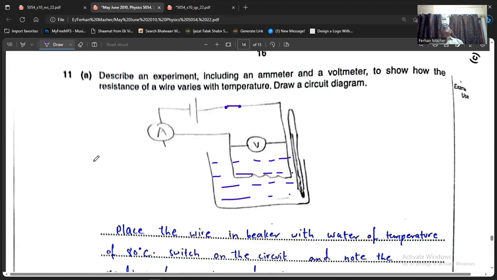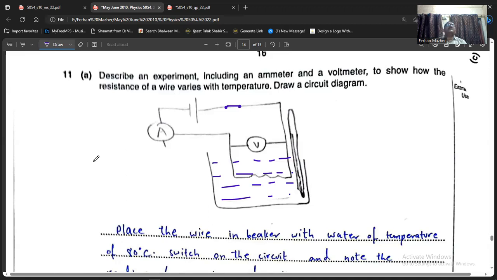And then wait. Now, when the temperature becomes, for example, 60, because the temperature will be automatically dropping, and you are keeping an eye on the temperature by looking at the thermometer, suppose when it becomes 60, again close the switch, note down the readings on the ammeter and the voltmeter, and after noting them, immediately open the switch.